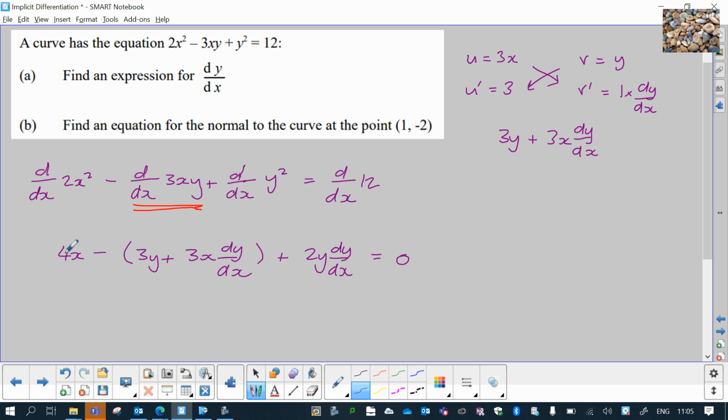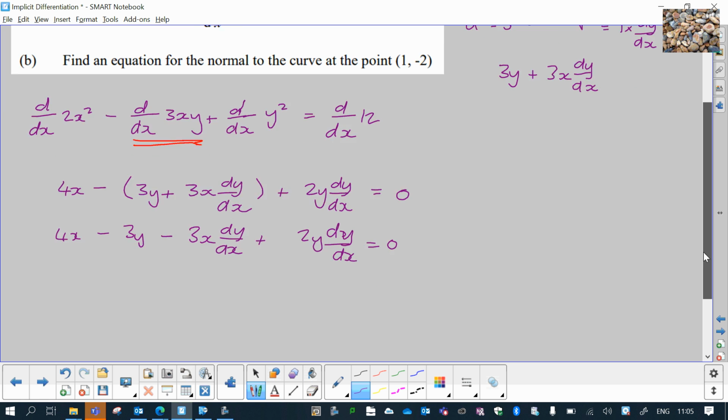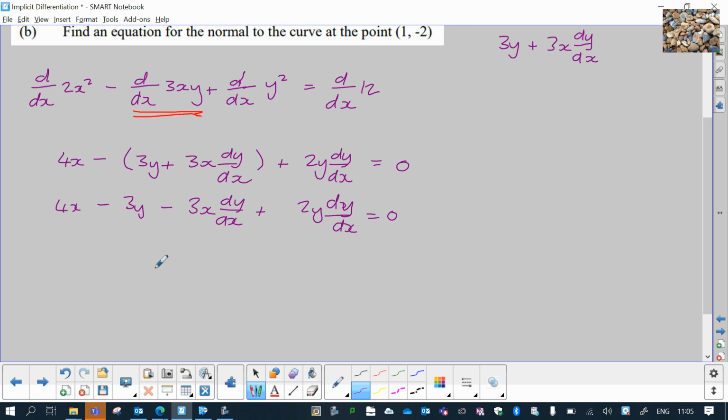So this is effectively our derivative, and we're just going to tidy this up and simplify our expression. So we have 4x minus 3y minus 3x dy by dx plus 2y dy by dx equals 0. Tidy up a little bit more.